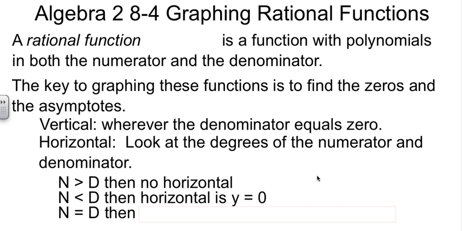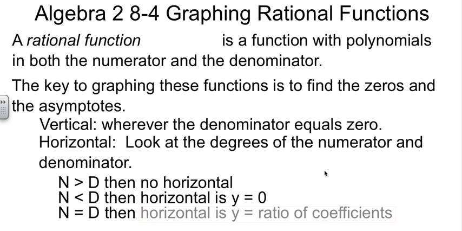And then if the two both have the same highest power, then you look at the ratio of the coefficients. And I'll show you one like that here in a few minutes. Okay.